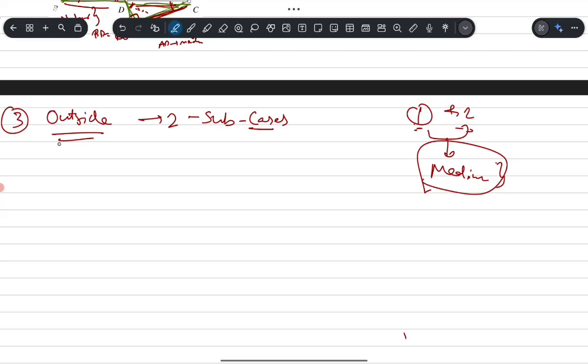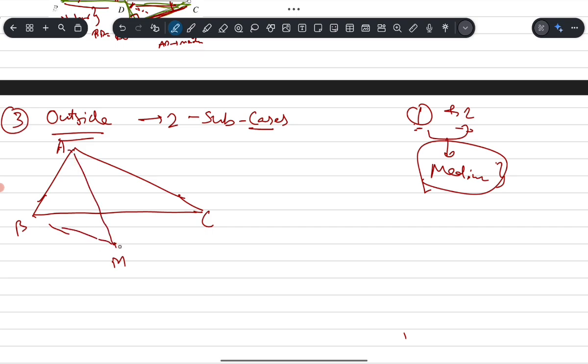All right. For the outside case, there are two things that are possible. M can be here as well, like A, B, C. So I'll have MAB equal to MAC. So AM is the same base. We need to have the same height of these two triangles.